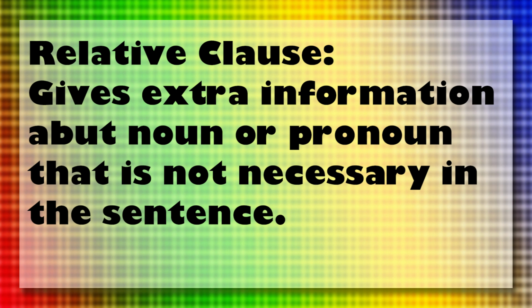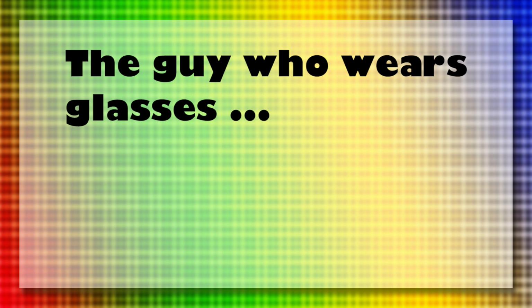Now, there's something important you need to know when you're dealing with relative pronouns, and that's whether or not you're using a relative clause. A relative clause is extra information that isn't necessary to the sentence. If I'm talking to you about a person that you aren't going to recognize unless I mention the fact that he wears glasses, then that is essential and you need it.